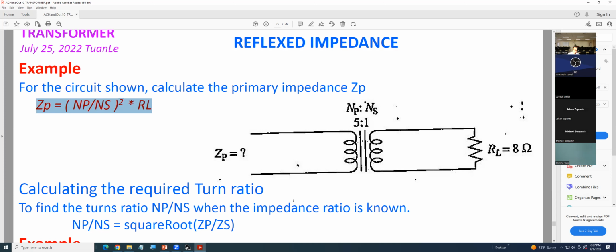Okay, so any questions, anything? Try to get your AC1, AC2, left volt done as much as you can. Okay.